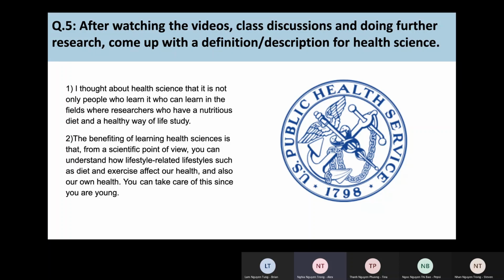The benefit of learning health sciences is that from a scientific point of view, you can understand how lifestyles such as diet and exercise affect our health.